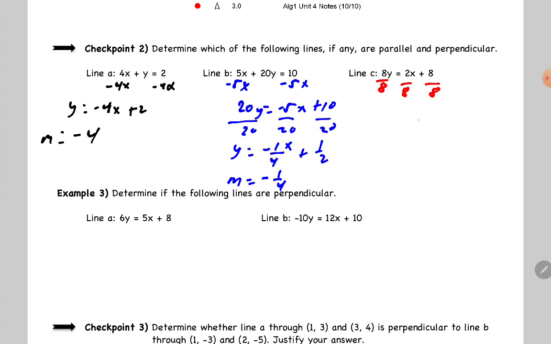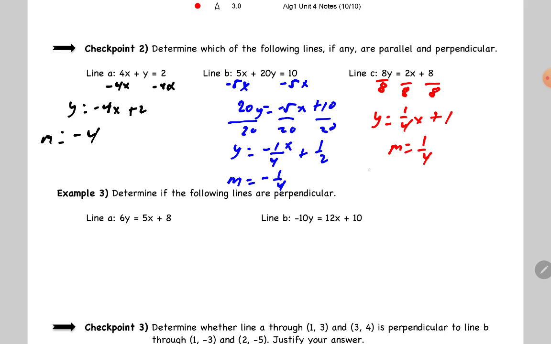I'm going to get y equals 1/4 x plus 1. So my slope is 1/4.